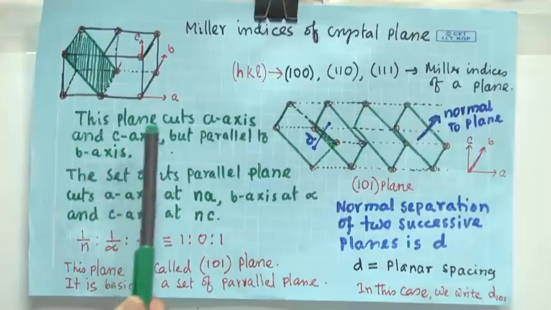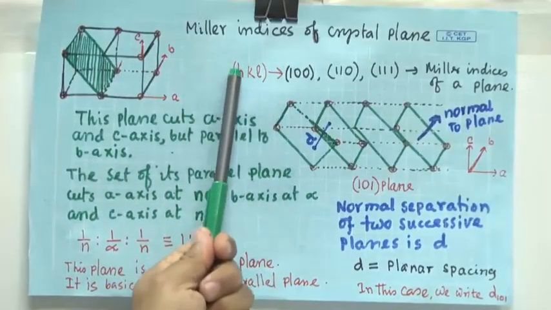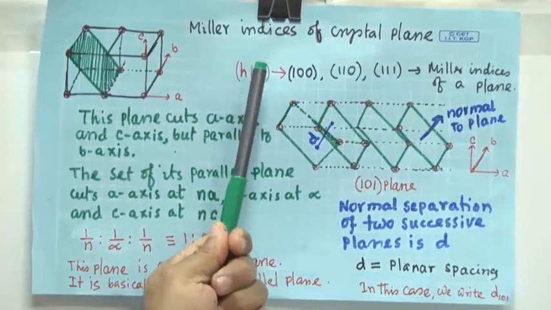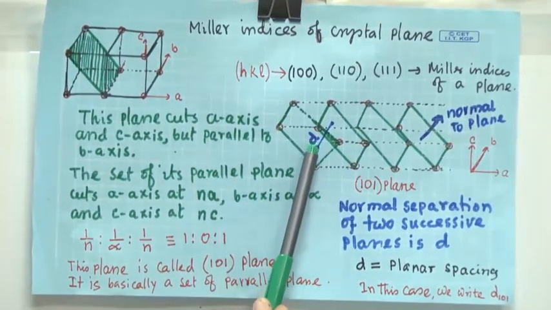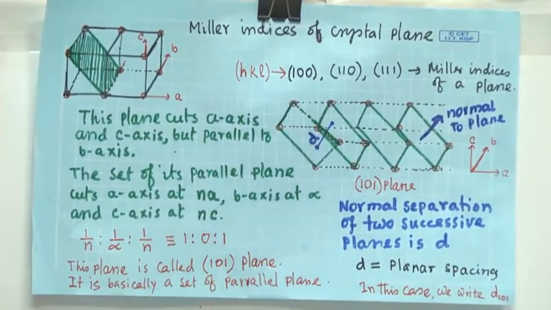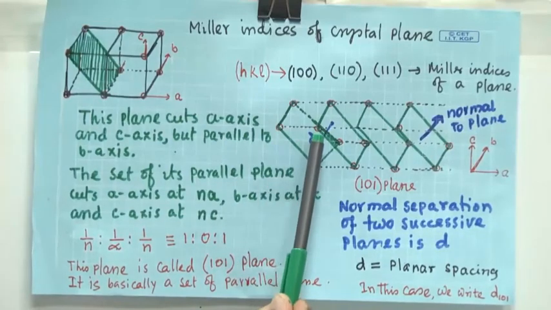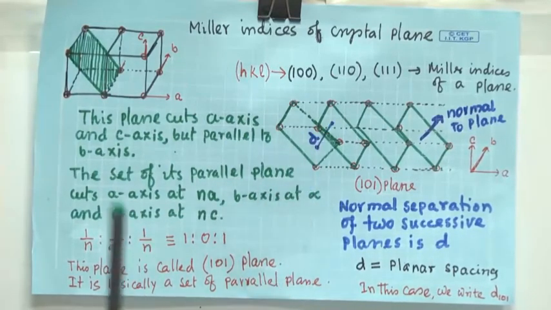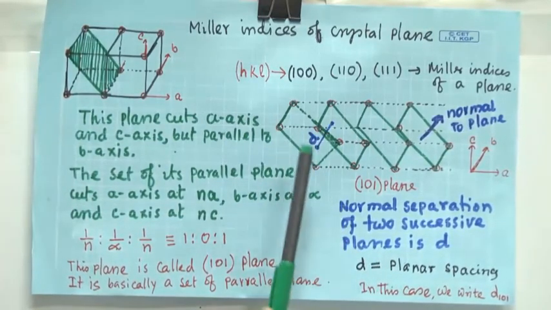This is the Miller indices h k l. So, planar spacing we write d_hkl. Why do we write d_hkl?